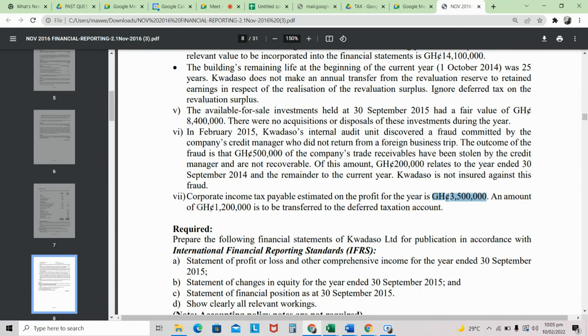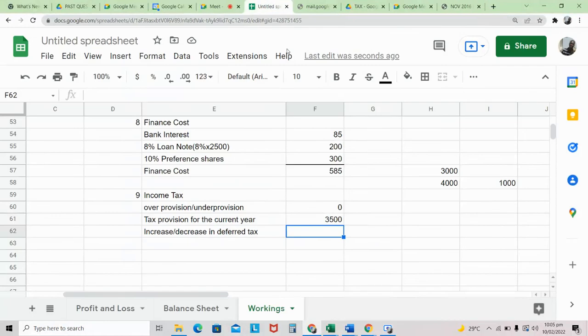So it means deferred tax has increased by this amount. That's why we are transferring it to the deferred tax account. So there's an increase in deferred tax. Do you get it? So we have to add the increase in deferred tax, which is 1,200.